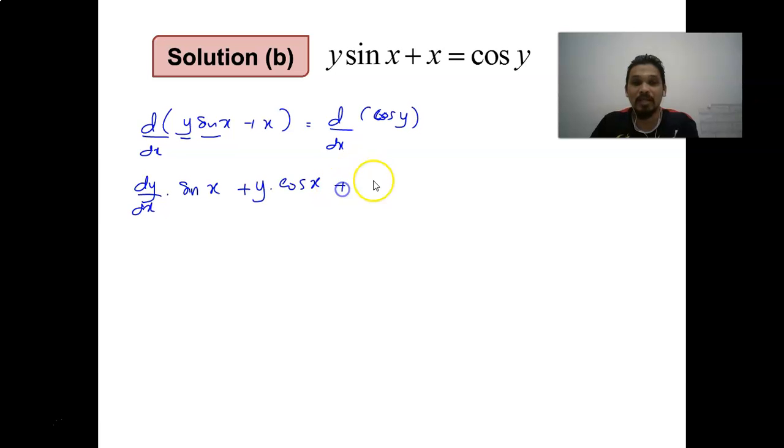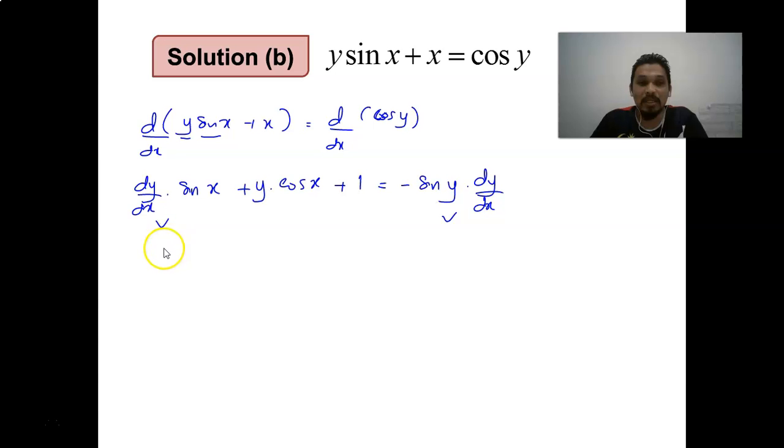Plus the derivative of x equals 1, and the derivative of cos is negative sine y, and because we differentiate y with respect to x, we come out with dy/dx. So now the terms with dy/dx we bring to the left side, and the ones without dy/dx we bring to the other side.